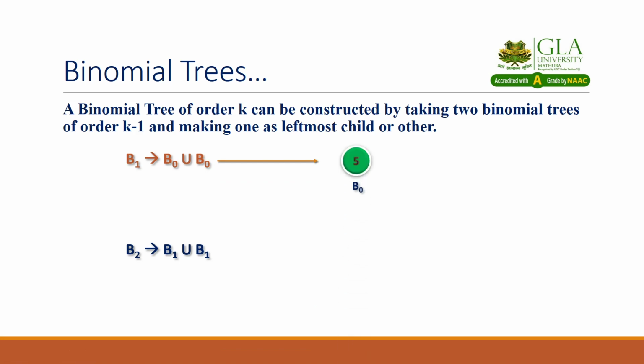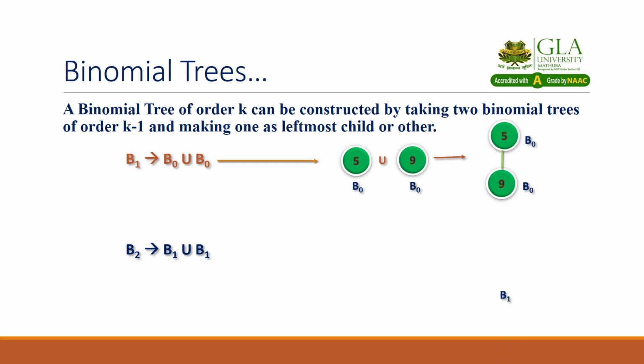B0 will consist of one node, another B0 will consist of one node. If we unite them, the smallest value binomial tree will become the root, and the next binomial tree of order k minus 1, having the higher value, will become the leftmost child. So here 5 will become the root and 9 will become the child.